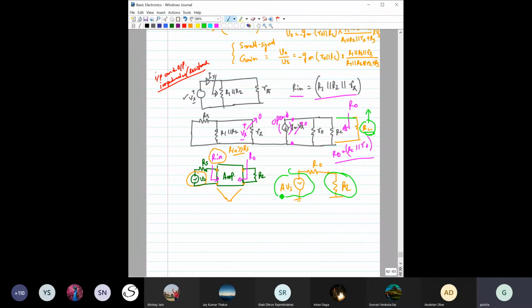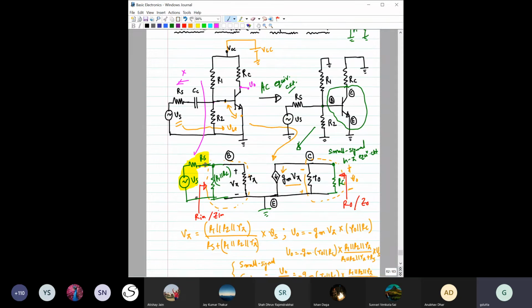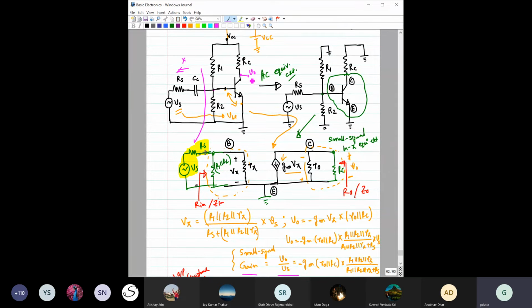Well, that is not very true, because here, if you are considering output from here, then you are getting this gain. Suppose now we have added a resistance, which is this RL.